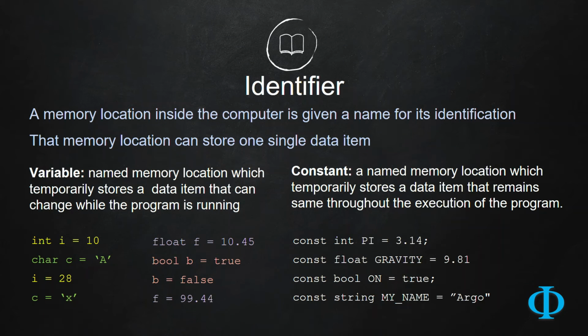The general syntax is: first you specify the data type, followed by the identifier name, and then after an equal symbol there is an optional initial value.